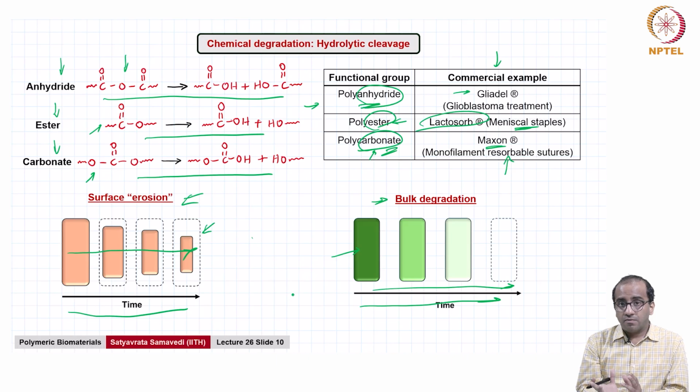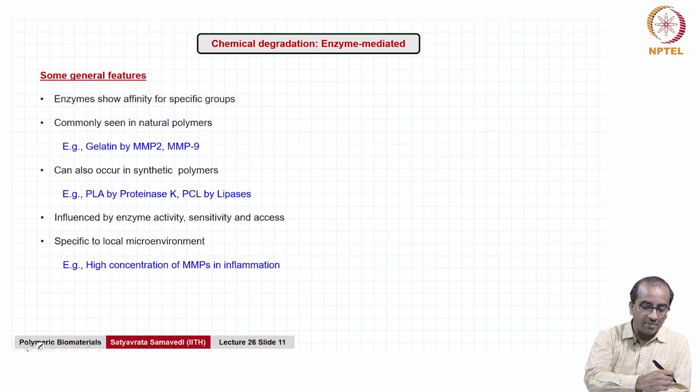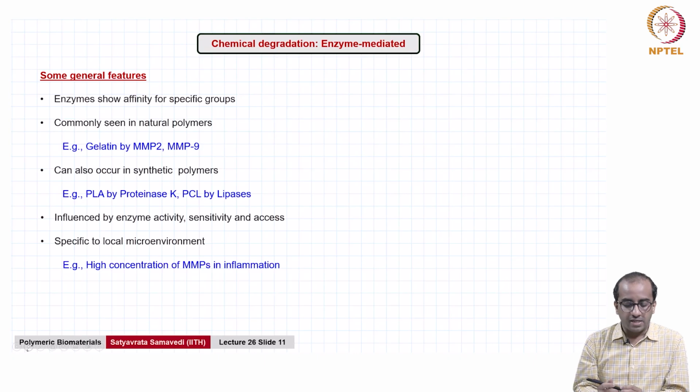The other way to think about chemical degradation is for the agent to not be simply water but to be an enzyme, right? So that's the other aspect of chemical degradation, which could be enzyme mediated.